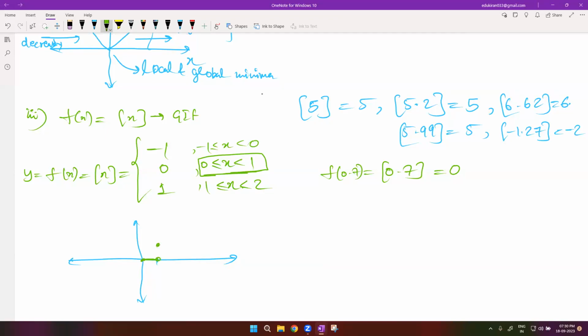Right? From 1 to 2, so this is 1, and this is 2. So from 1 to 2, this goes like this, and then at 2, this reaches this point. Right? This is moving like this. This is also known as a stepwise function because there are steps forming here. You can observe this.